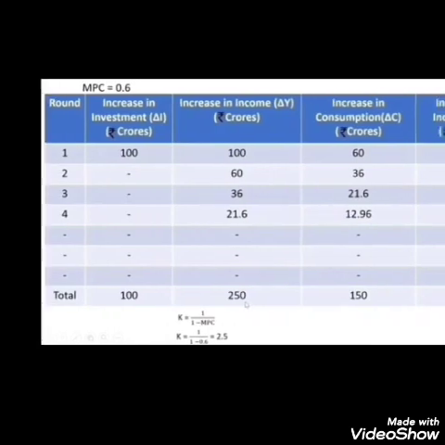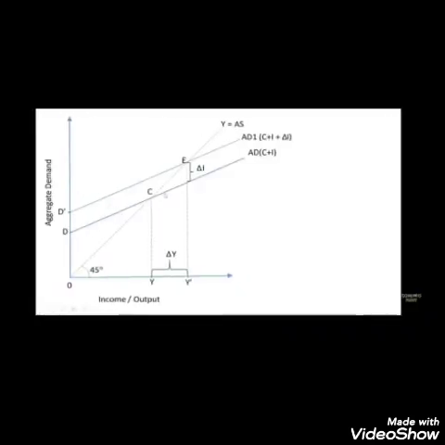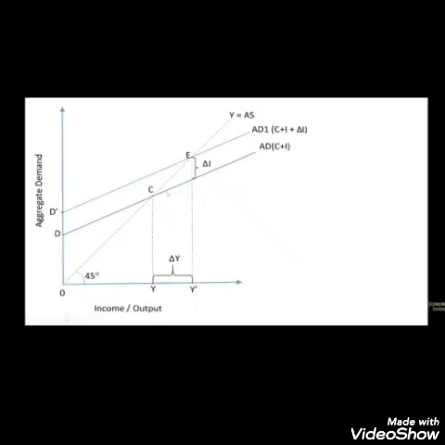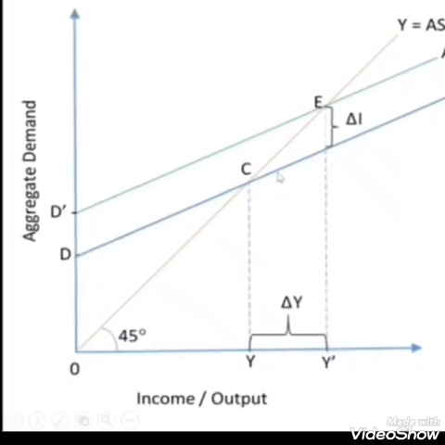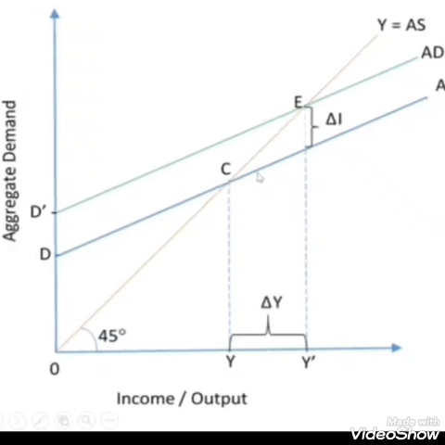So according to these 4 cases, the next thing is the total. The increase in investment is 100, the increase in income is 250, and the increase in consumption is 150. Now look at the table.